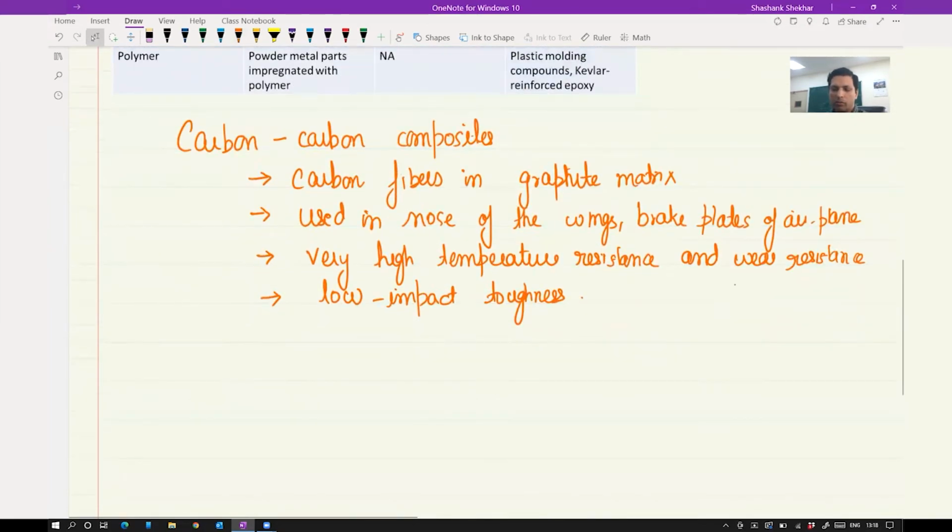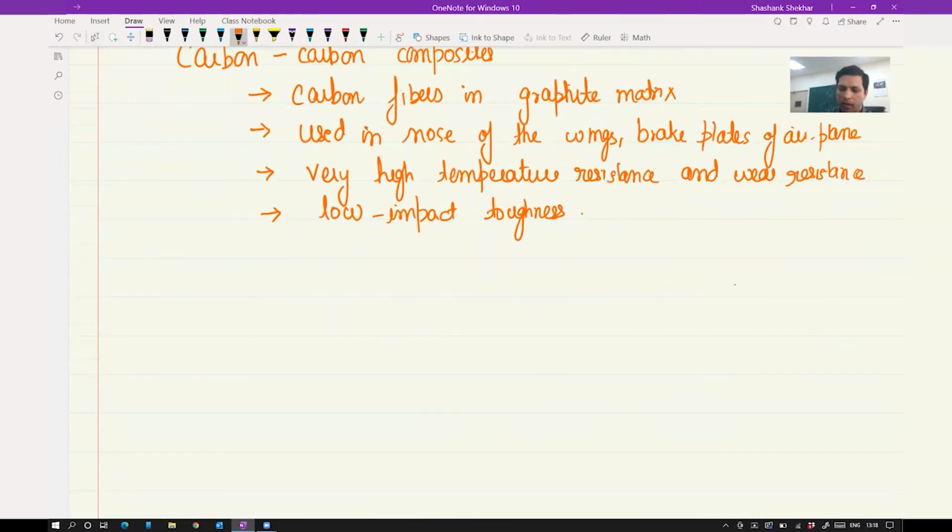But you can also describe the composites based on the distribution of reinforcement. So what do we mean by distribution of reinforcement?